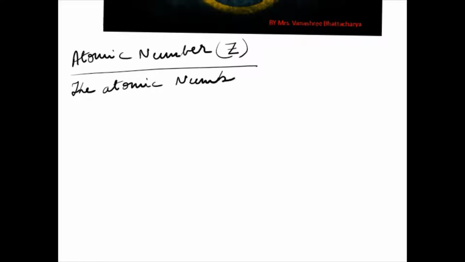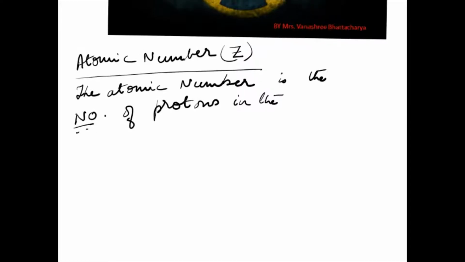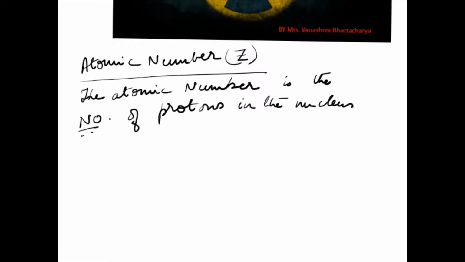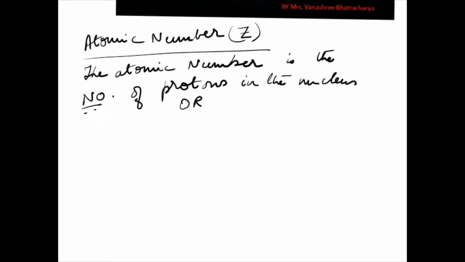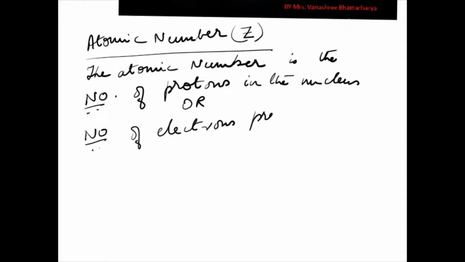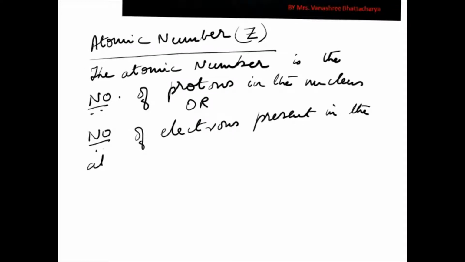So atomic number, denoted by Z, is the number of protons in the nucleus, or it is the same as the number of electrons present in the atom outside the nucleus.